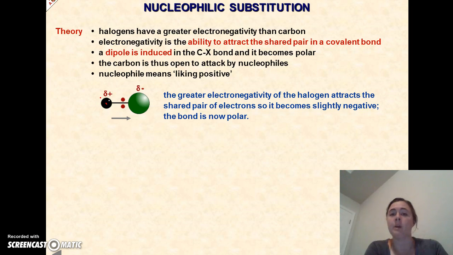Halogens tend to have a much greater electronegativity than carbon, and so it's going to pull this electron cloud away from that carbon, leaving a slightly exposed nucleus. Now, if you have a slightly exposed nucleus, right, and you have a nucleophile, then that nucleophile is going to try and find the nucleus, right? Pretty simple, nucleus, okay?